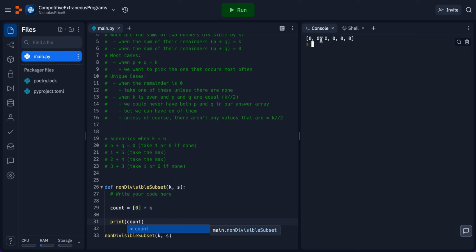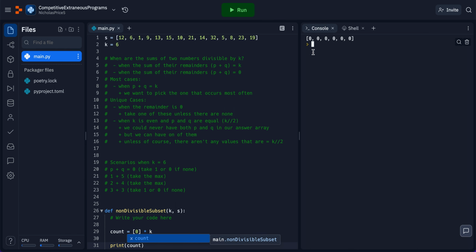And what's here? Index 1. Well, this will represent any time we take a number in our array, divide by 6, and have a remainder of 1. Same for this guy. This is index position 2. Anytime we take a number in our array and divide by 6, and have a remainder of 2, that will represent those numbers.